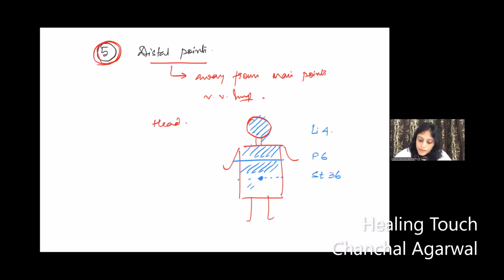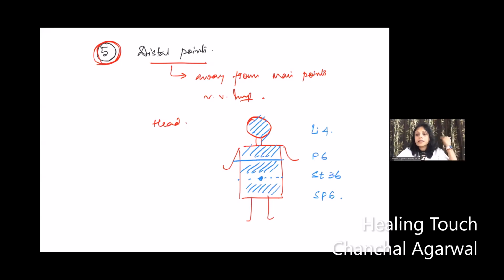Below the navel, another point, which is SP6. It is fixed. You can easily treat the whole body, dividing it into different zones. For the upper zone, LI4; chest area, P6; upper abdomen, ST36; lower abdomen, SP6.